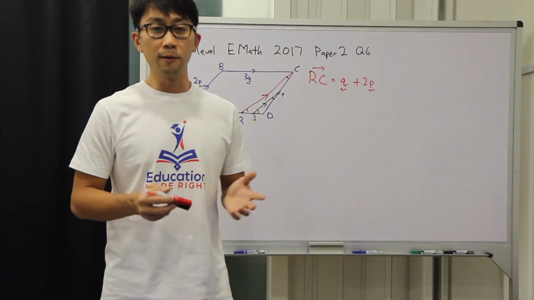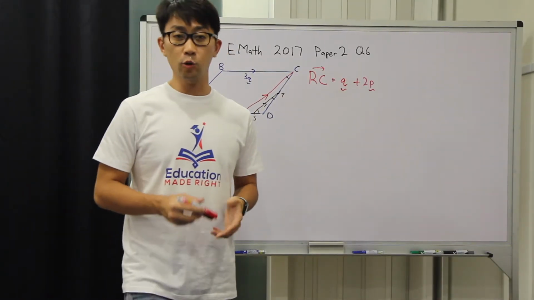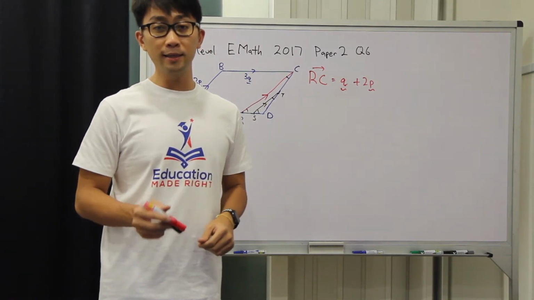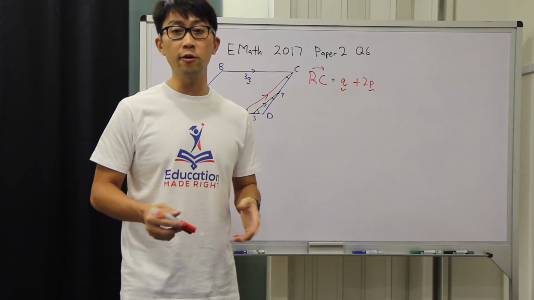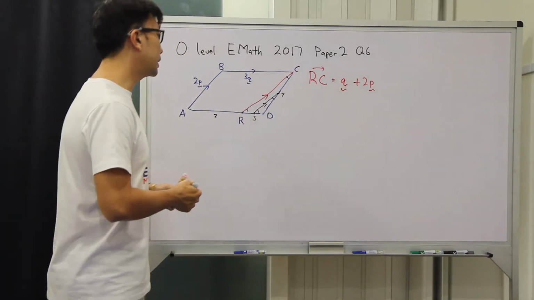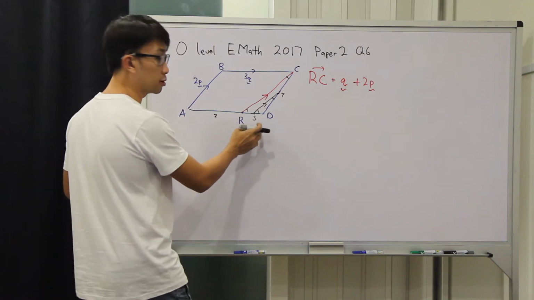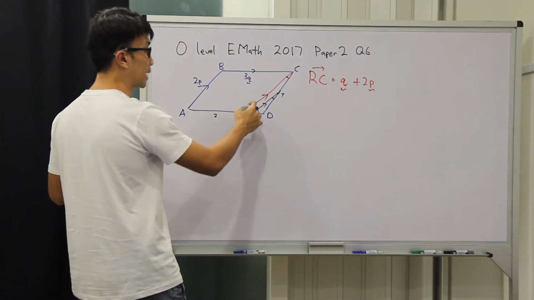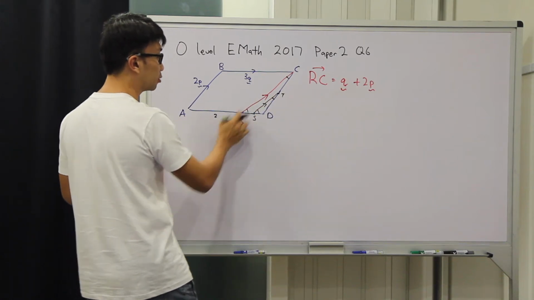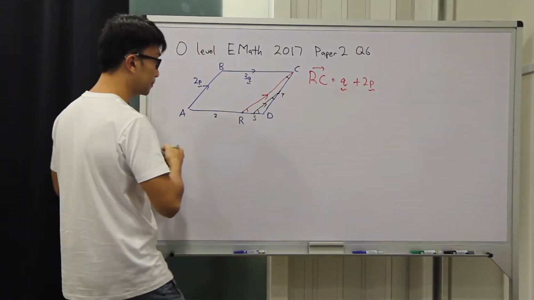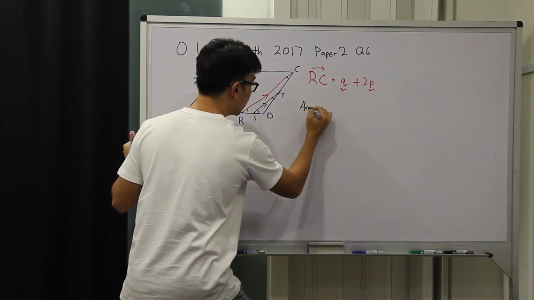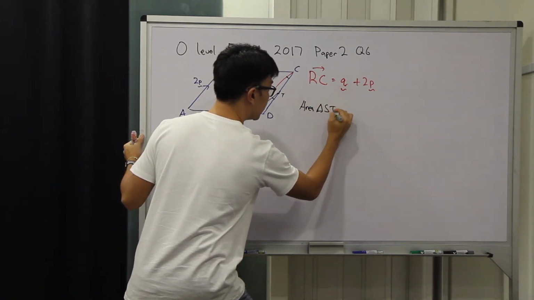Alright, now for B part 2, the question asks us to find the ratio of the area of triangle STD to the area of parallelogram ABCD. First, let us consider the area ratio of the triangles that we have established as similar: area of triangle STD to area of triangle RCD.